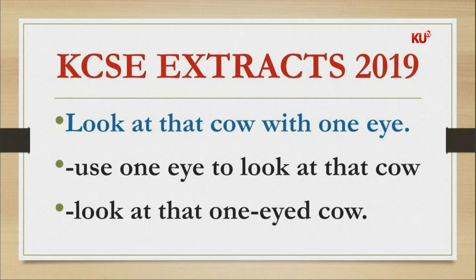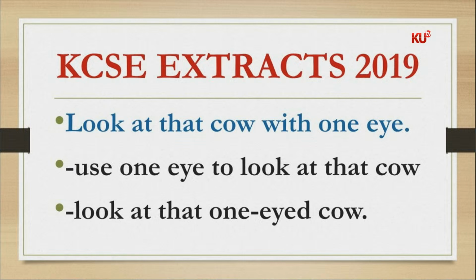Then the second meaning: it is the cow that has one eye. So look at that one-eyed cow. It's like someone tells you to look at the cow that has one eye.